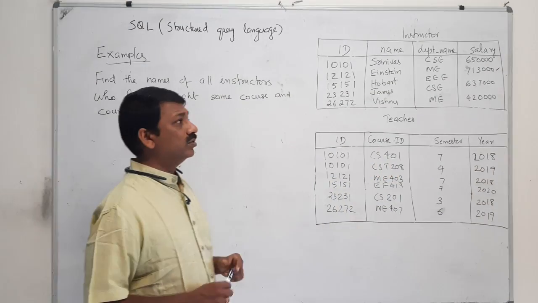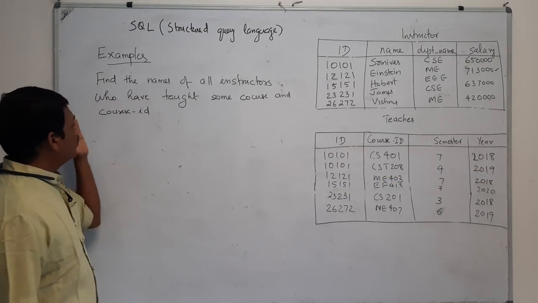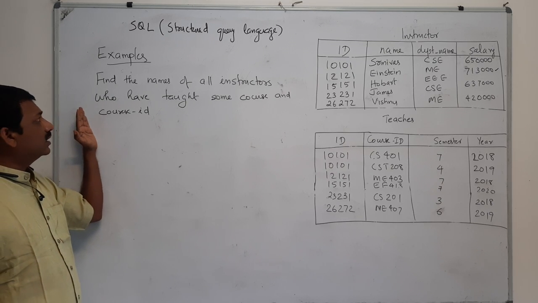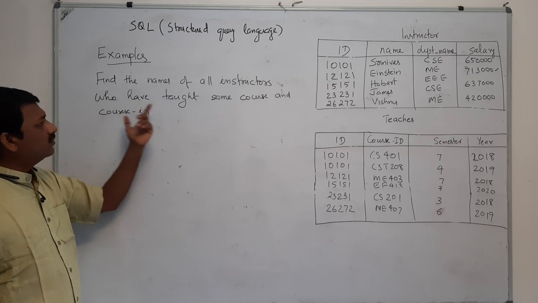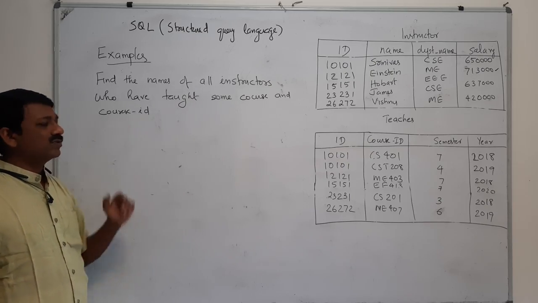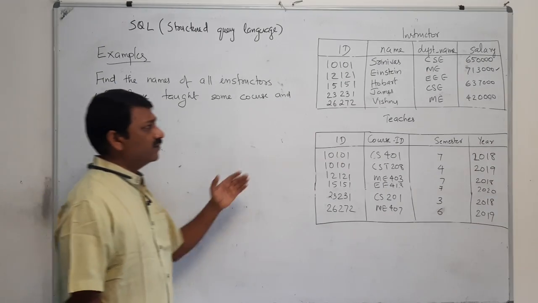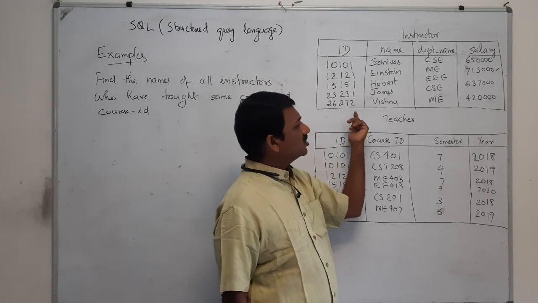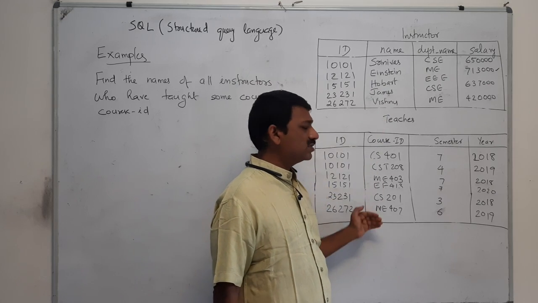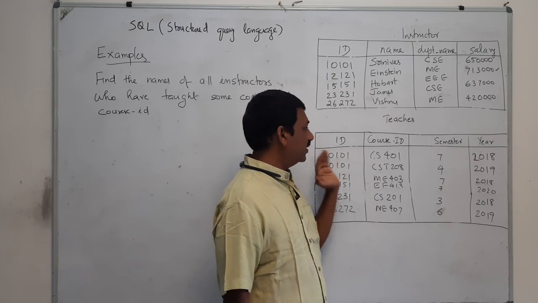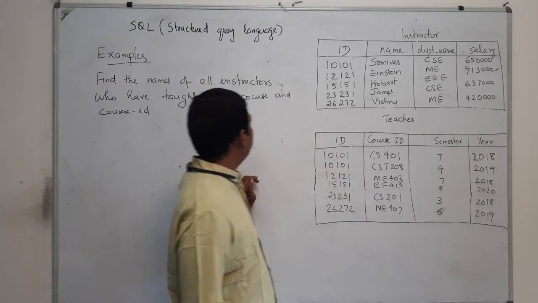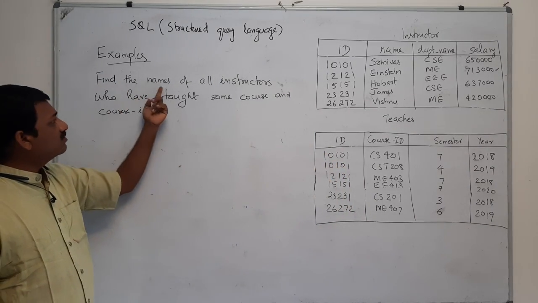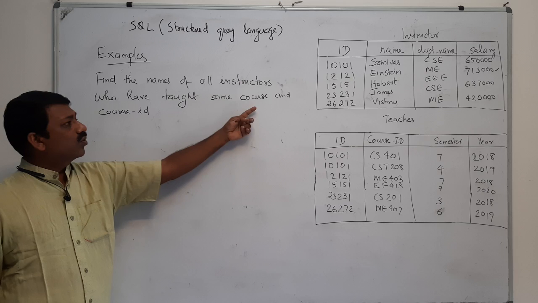Okay. Now suppose that you want to retrieve the names of all instructors who have taught some course, and the course ID. That means if an instructor took some course, then definitely an entry will be here, and we have to display the names and the course ID.